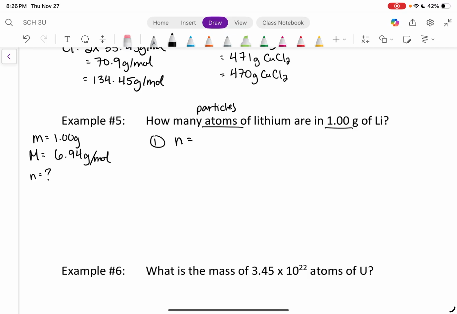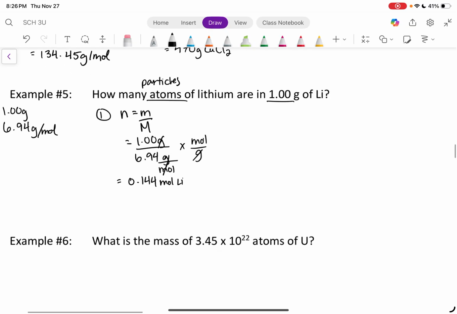I'm going to use N equals little m over big M, 1.00 grams over 6.94 grams per mole. I'm not going to write it like that. I'm going to go times moles over grams. And I have 0.144 mole of lithium.